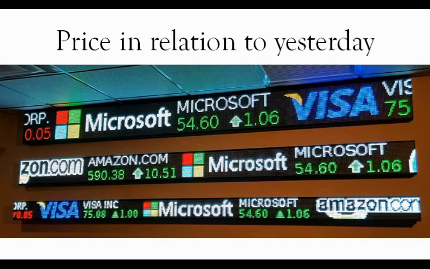So this is how the modern ticker looks, and this is just how it works. So it tells you what the price was in relation to yesterday. So it's looking at the current moment to gauge the change in price. So all of this information is very critical because you're able to understand the sentiment of the market based on what is happening at the current time.